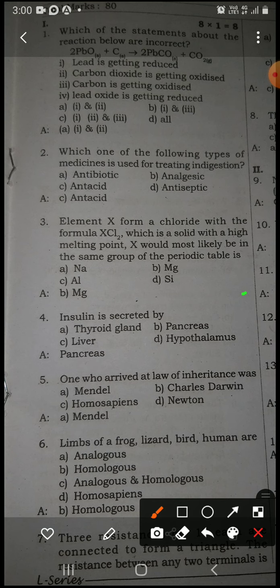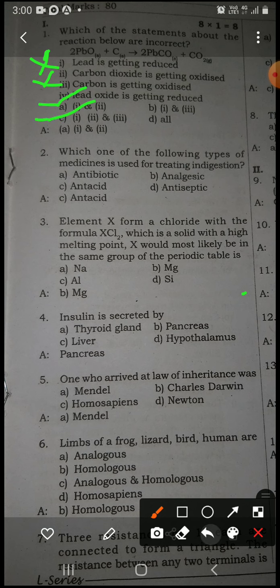Lead is getting reduced? No, this option is wrong. And carbon dioxide is getting oxidized? No, carbon dioxide is not getting oxidized, so this is also wrong. The third one is right. The fourth one is right.